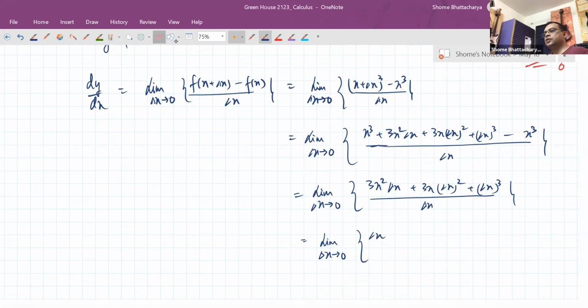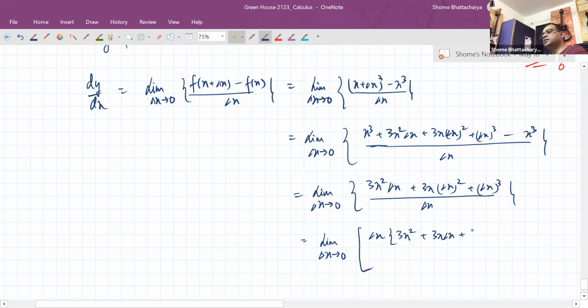If I take delta x common in the numerator, this will become 3x square plus 3x into delta x plus delta x square, divided by delta x. Now the next step is very critical.